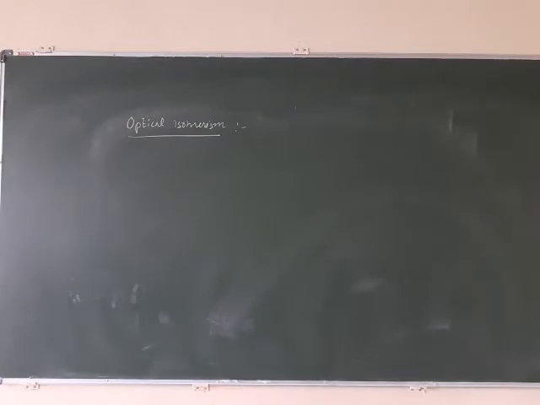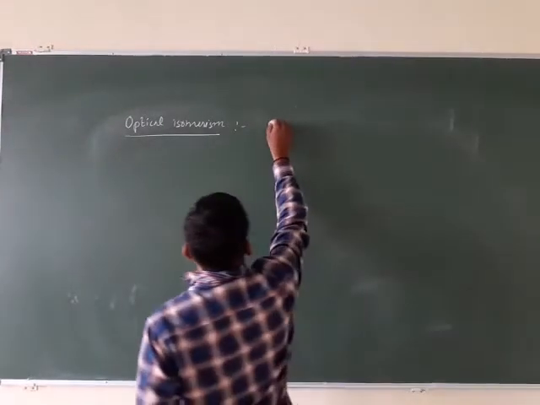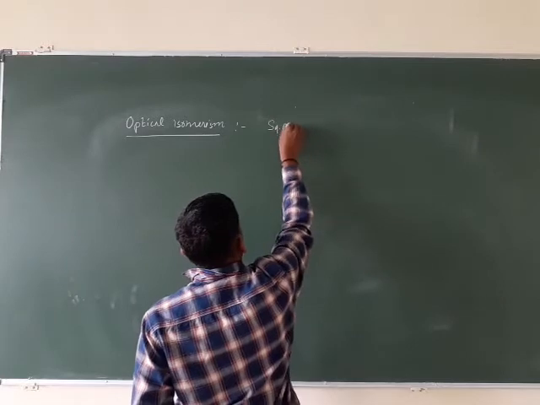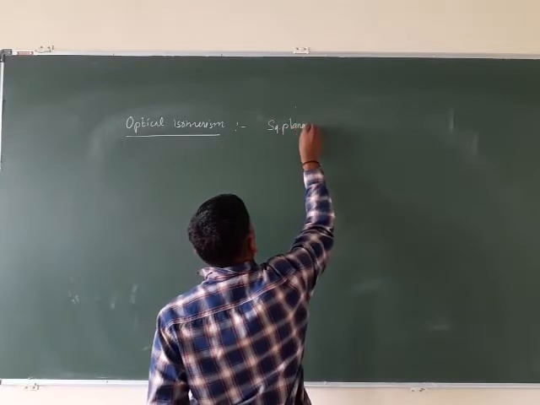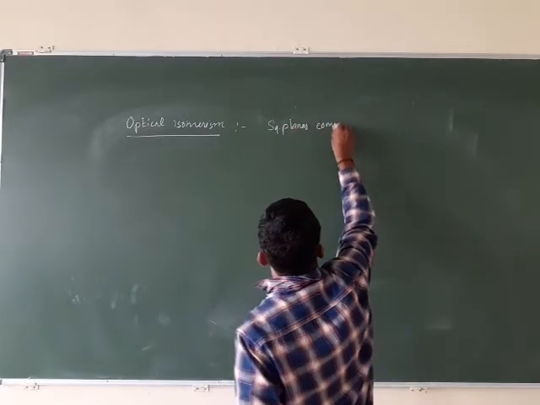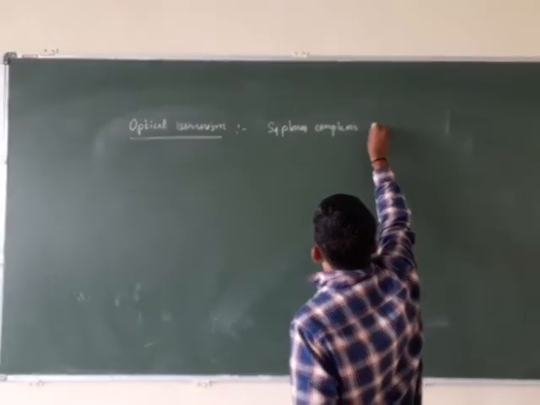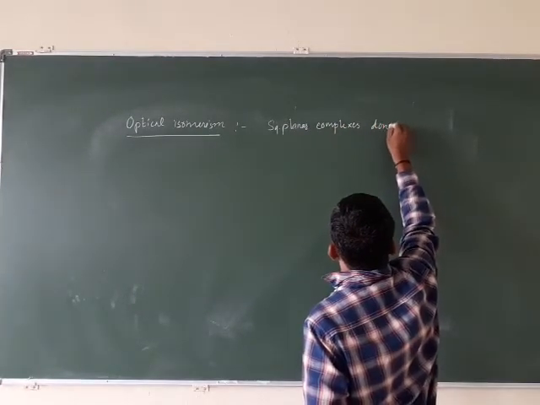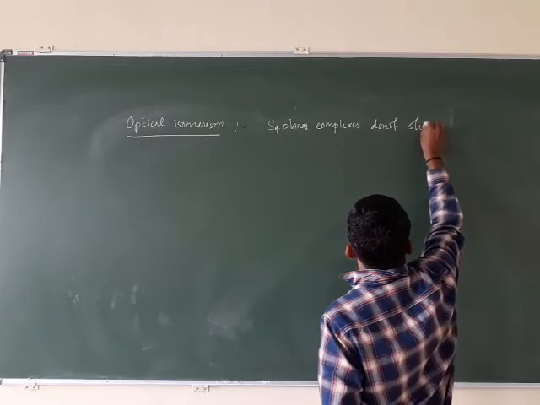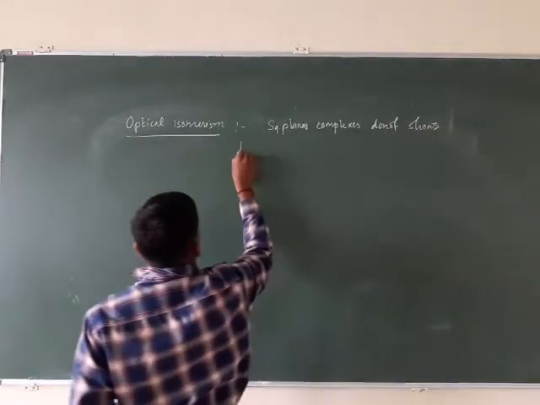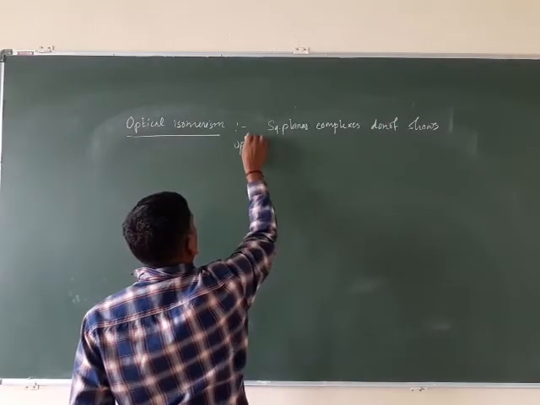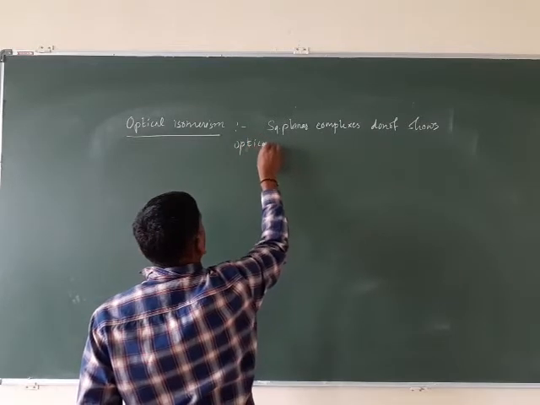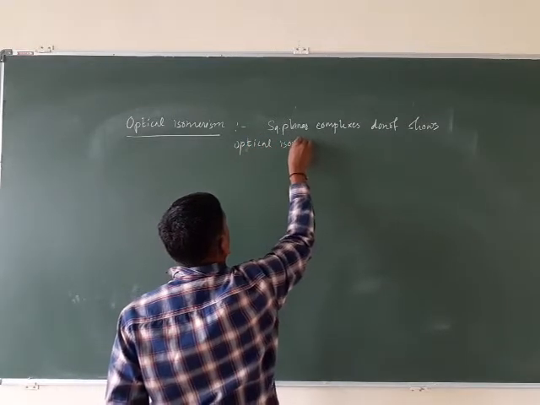Okay, so what we can write? We can write that square planar complexes do not show optical isomerism.